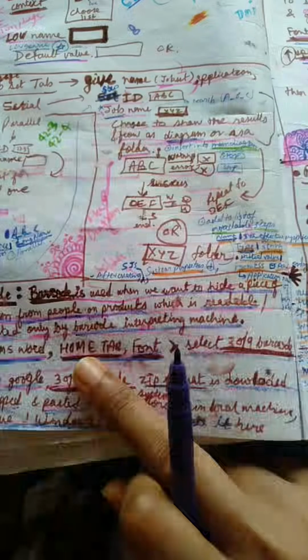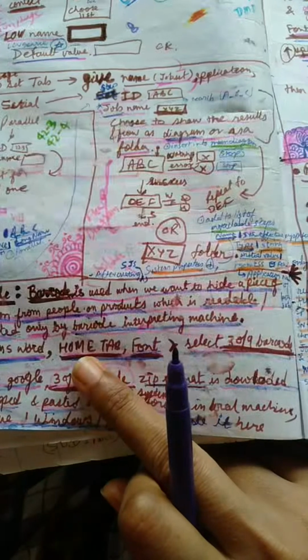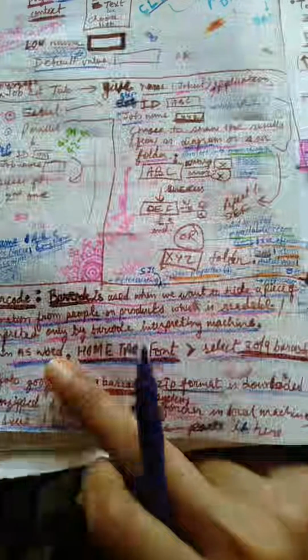After selecting the field, we'll go to the home tab, to the font tab. We'll select the 3 of 9 barcode. So now my RTF report has the barcode.